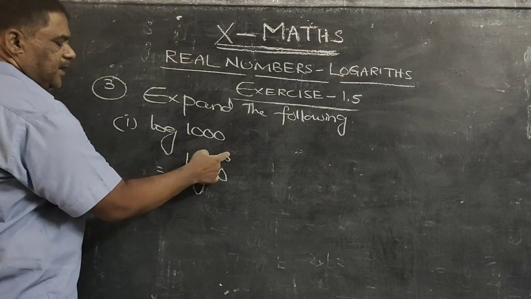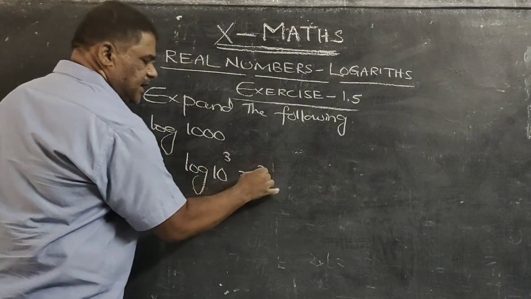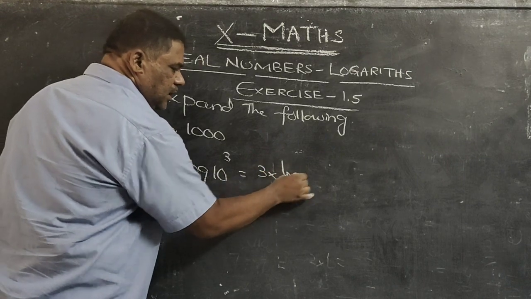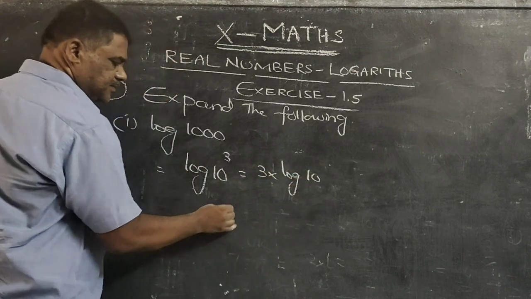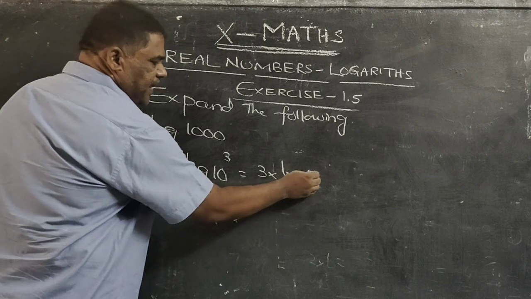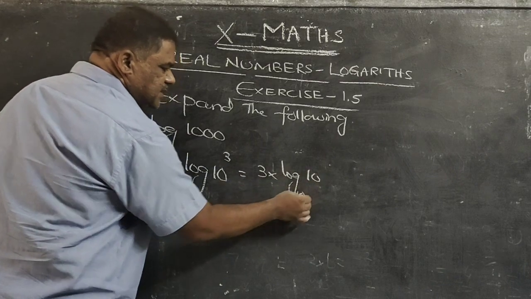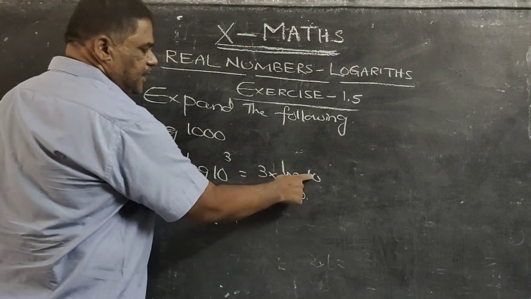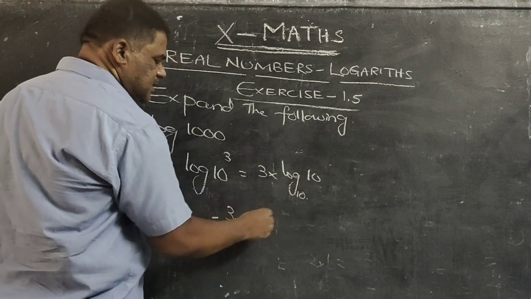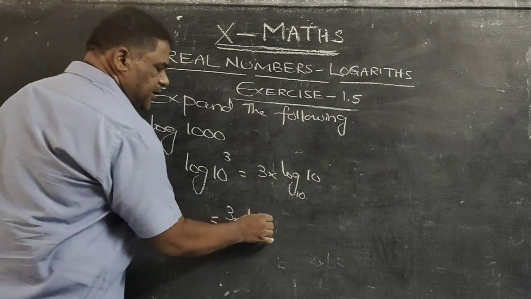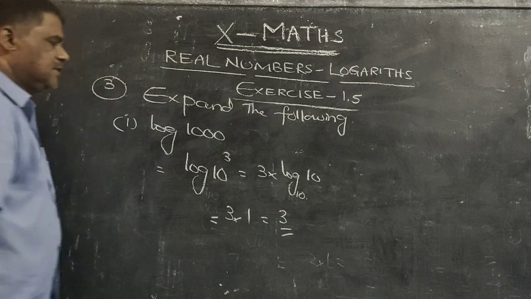Log a to the power m, 3 comes here. It is 3 into log 10. If the base is not mentioned, it is known as 10. So logarithm of a number with itself as the base, these two are same, then it is 1. So 3 into 1 is 3, answer.